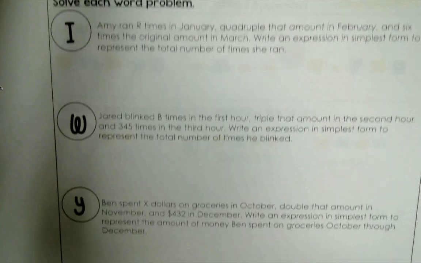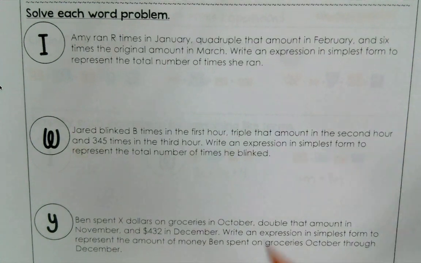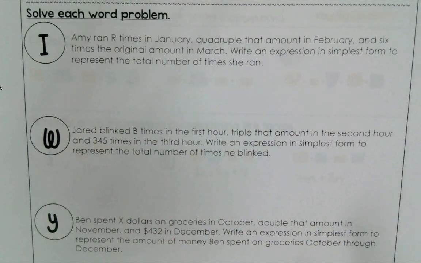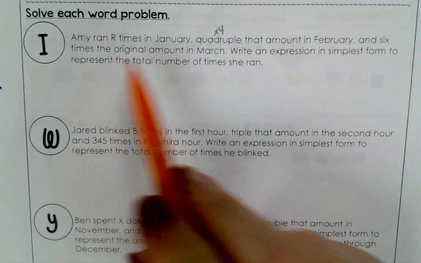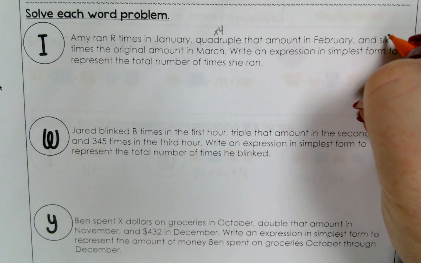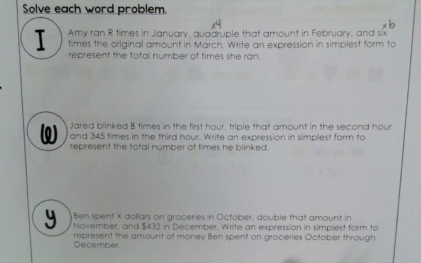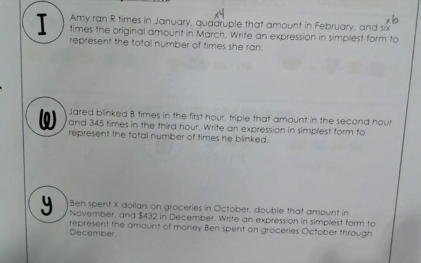So let's talk about these word problems. Amy ran R times in January, quadruple that amount in February, so we're multiplying that by 4, and 6 times the original amount in March, so times 6. Write an expression in simplest form to represent the total number of times she ran.